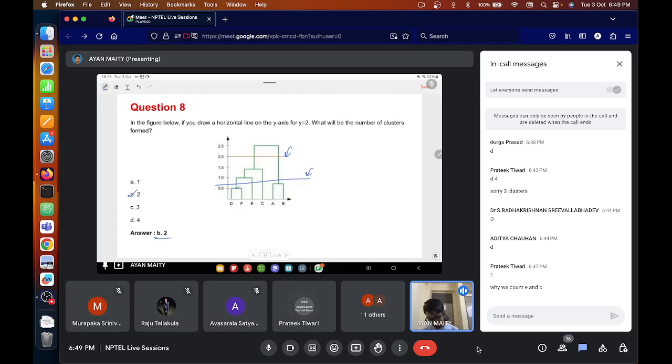This is one merge and here is another merge. E and C have not merged yet, so we consider them as individual clusters, because we start with individual clusters only. All these points are in their own clusters, and at this line we have not merged E and C into any of the clusters yet. So this would be one cluster, E and C would each be their own clusters, and A, B would be another cluster.